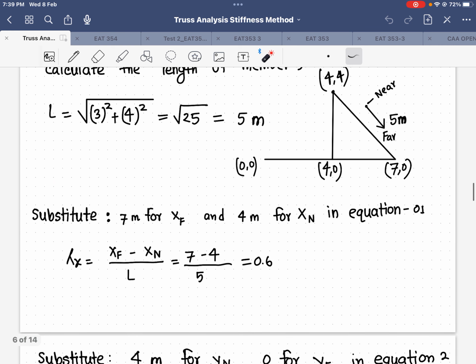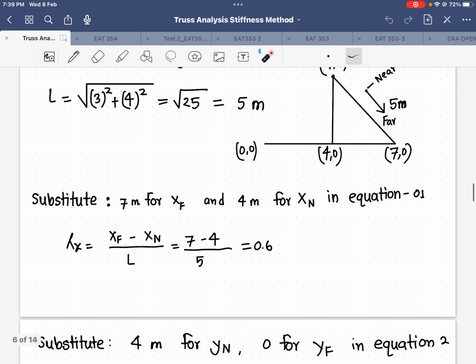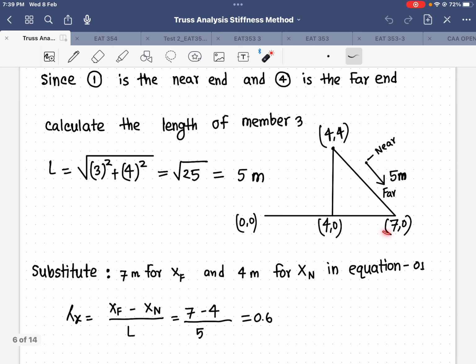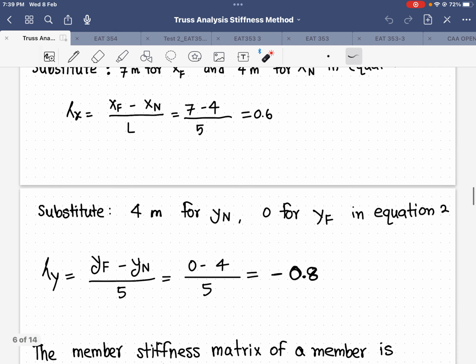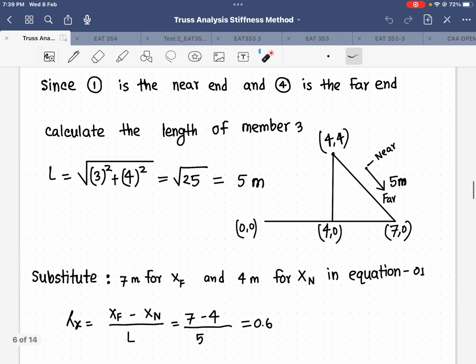Now it's time to get near x, near y, far x, far y. We are going to find lambda x, so we find the x value for the far end and the near end. For the far end we have 7, and for the near one we have 4. I subtract and get 0.5, then substitute the 4 meter for the y. Why 4 meter?